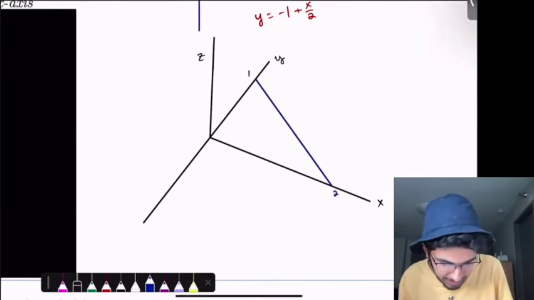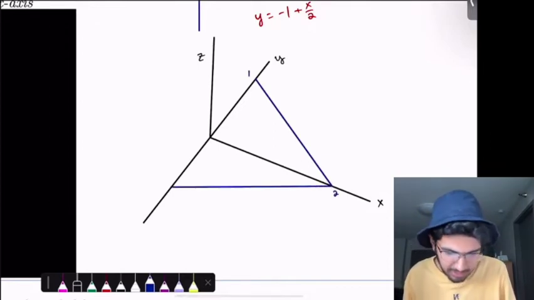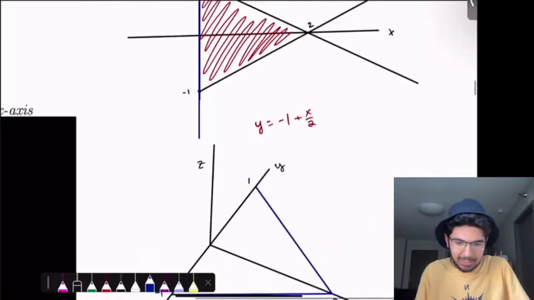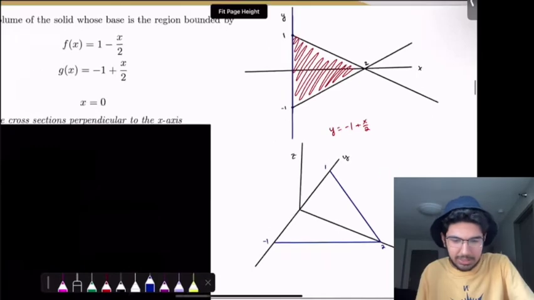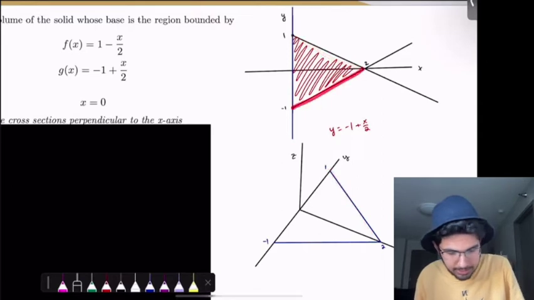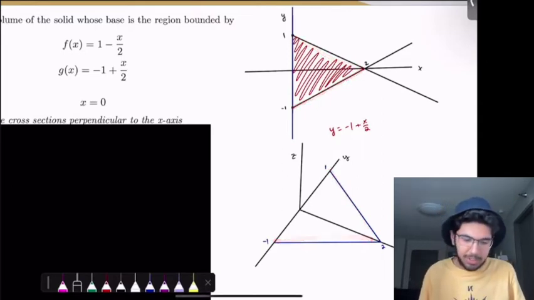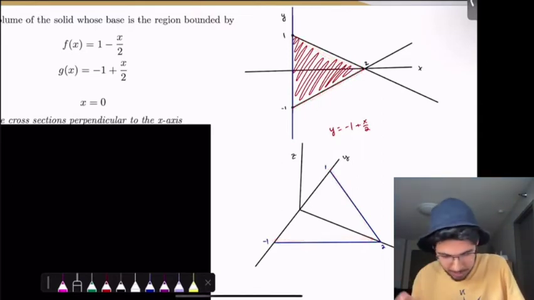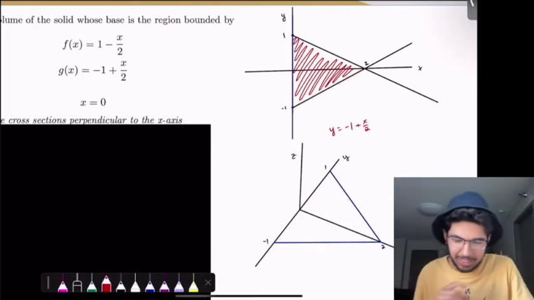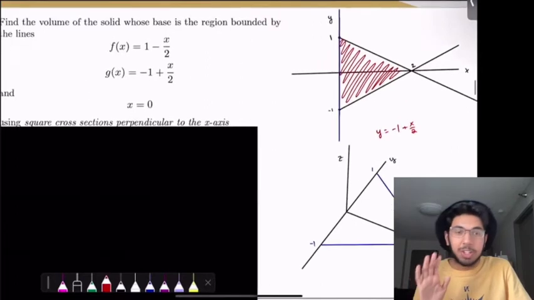And the second line went something like this, where this is negative 1. All right, so we can hopefully see the resemblance. This line is the same thing as that, and this line is the same as that. Cool. And sure, if you want, we can highlight in the base, but I'm actually not going to do that because it'll make the diagram messy. So we've drawn the base.